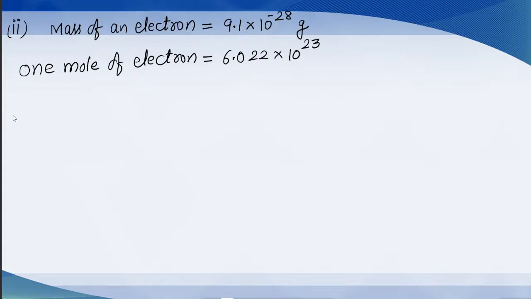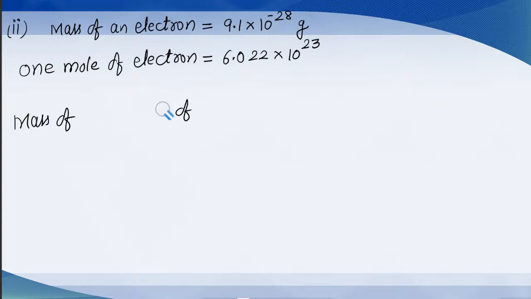So we have to calculate the mass of 1 mole of electrons.